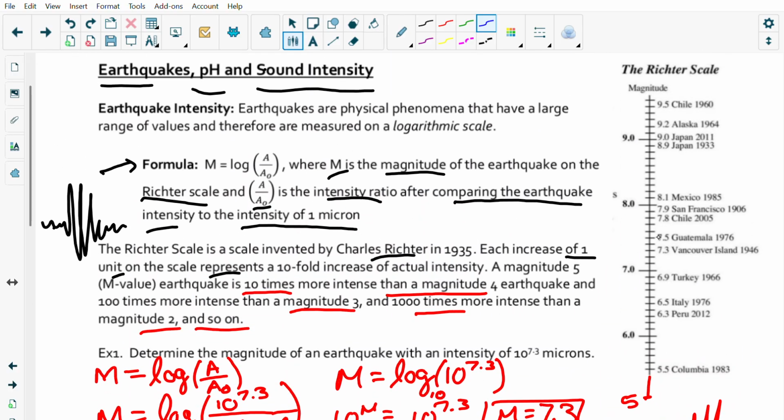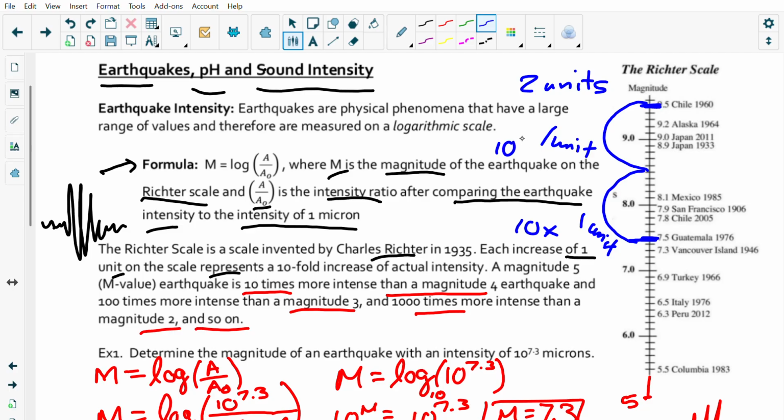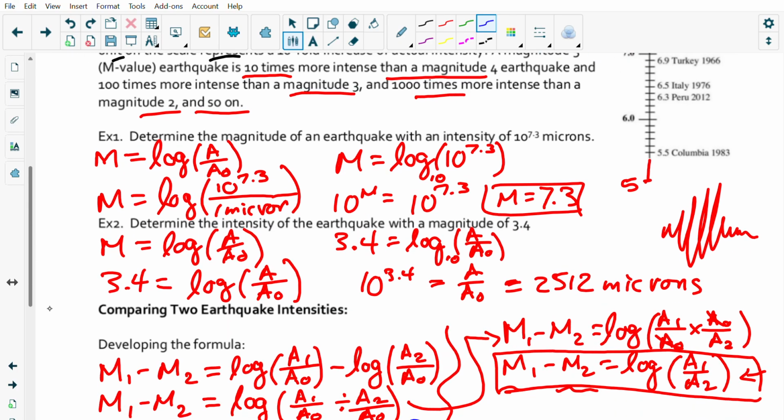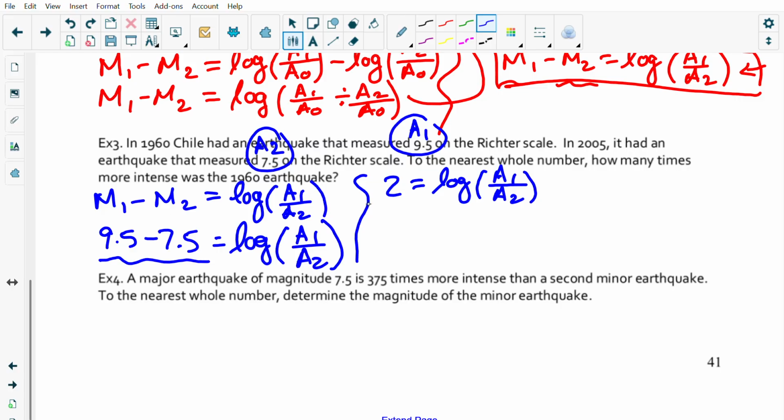So if I go from 7.5 to the Chile one, 9.5, I'm going 1 unit and 1 unit. That's 2 units. This is a 10x increase or tenfold. This is another 10x. So 2 units means a 100 times increase.